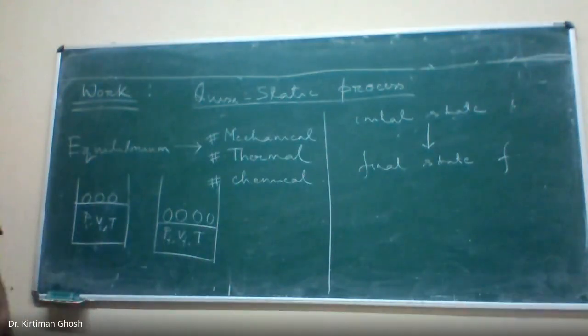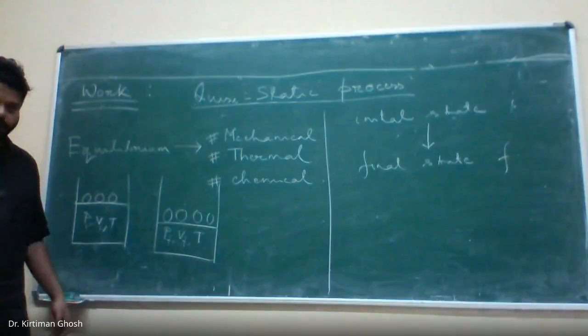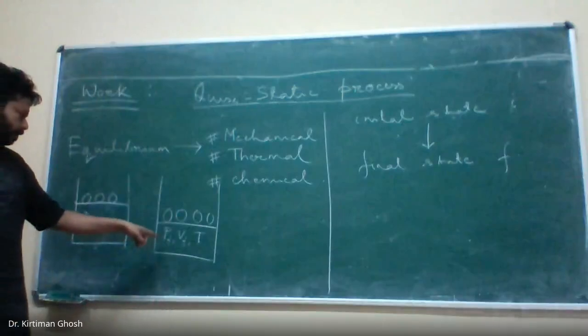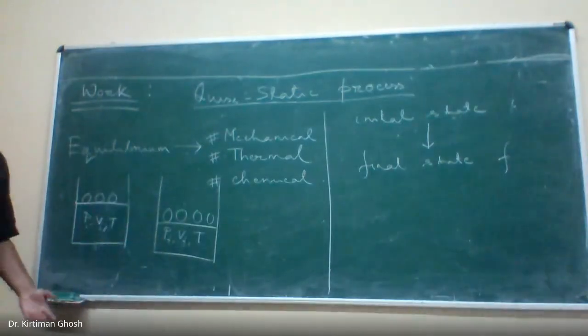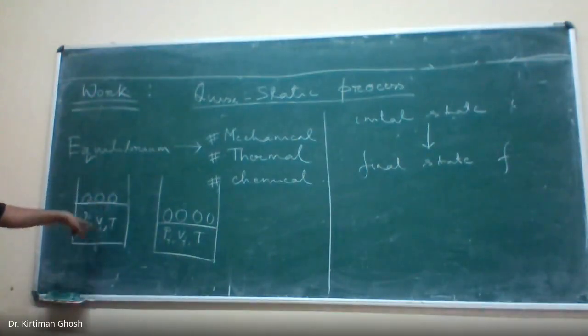To calculate the work, you need to know the exact value of the imbalance in the force. You do not know the exact value of the imbalance at each moment of time during this non-equilibrium state, because during the non-equilibrium state, the pressure of the system is not defined. At this point, you know this is in equilibrium. This is the force acting on the system.